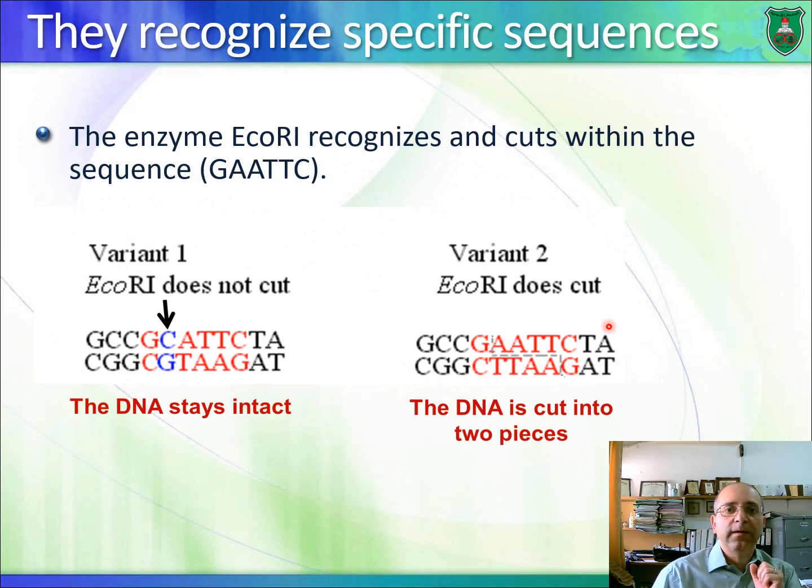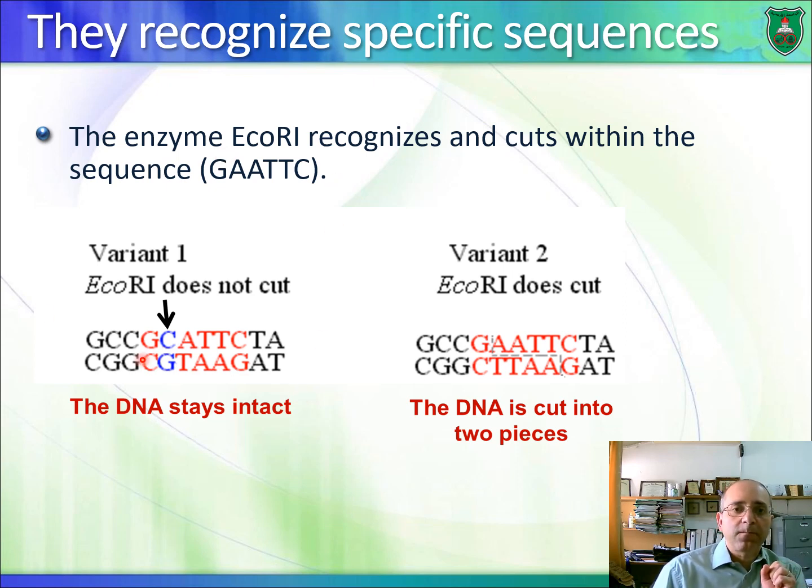They recognize these restriction sites and cleave within them, and they are very specific. If there is a single change in the sequence of the restriction site, they cannot cleave the site anymore.